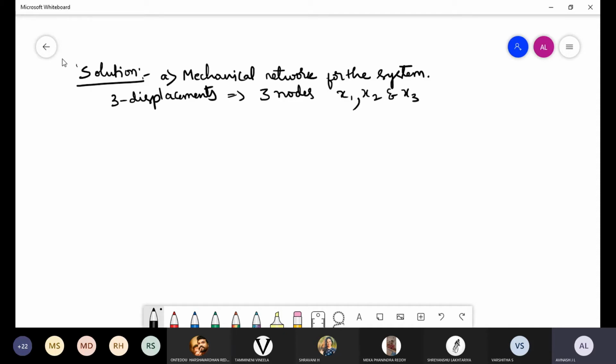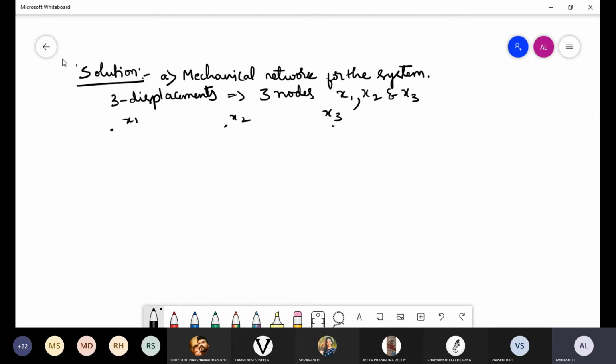Correct. So now we'll mark the 3 nodes. There are 3 masses and 3 nodes given. We mark this as x1, this as x2 and this as x3.